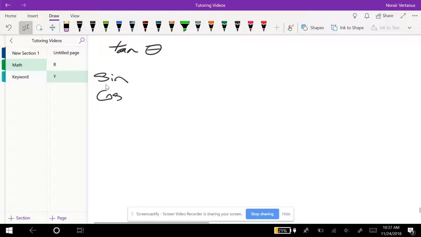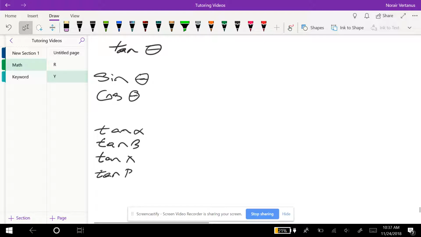So there's always an angle coming with these quantities, which in this case we call theta. It could be anything. Tan of theta. Sometimes you might see tan of alpha, or tan of beta, or tan of x, or tan of whatever.